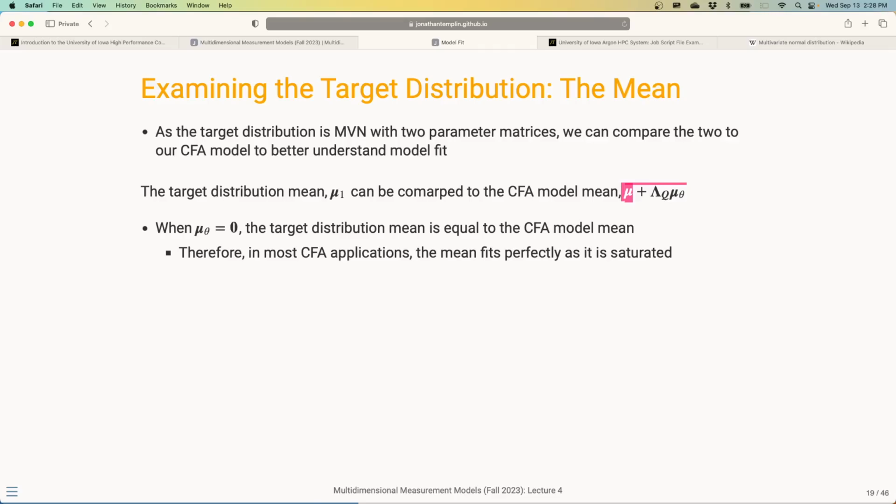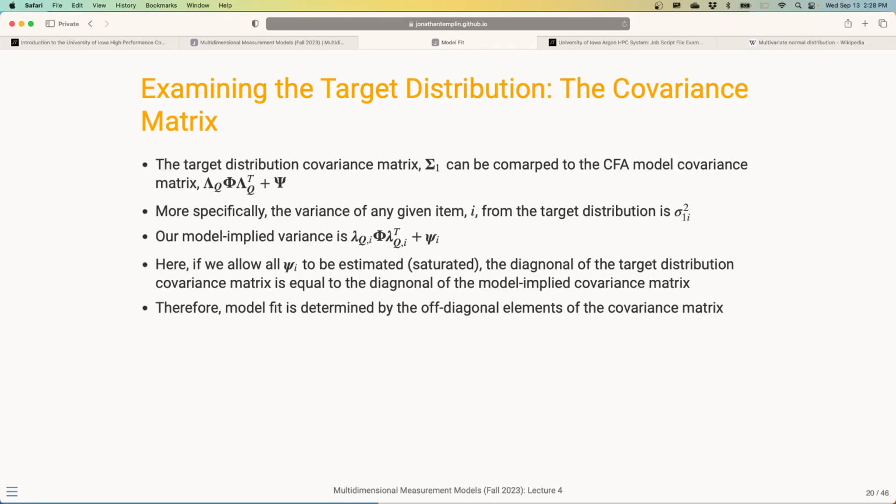Hey, quit doing that. All right, let's look at the covariance matrix now, shall we? Model implied is this. Saturated is sigma 1. If you look at the diagonal, where the variances lie, it's hard to see in matrix form, but I wrote it out for one item right here.